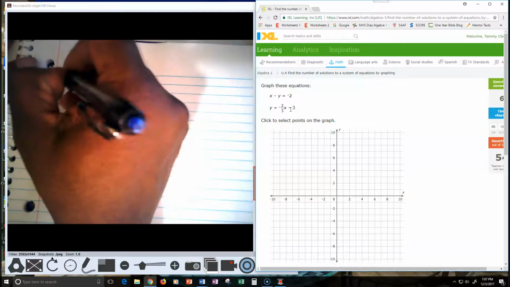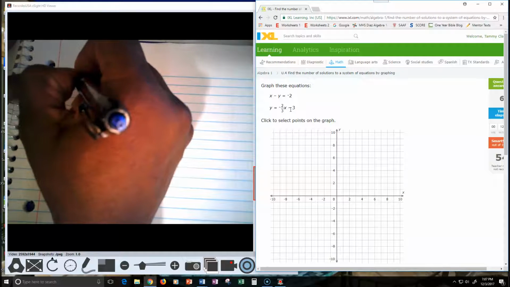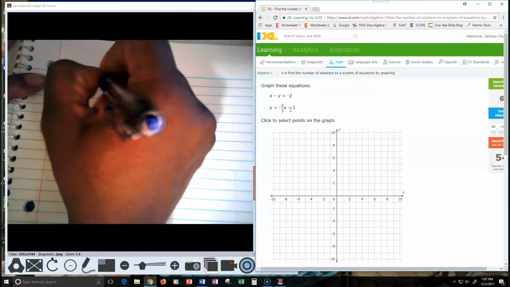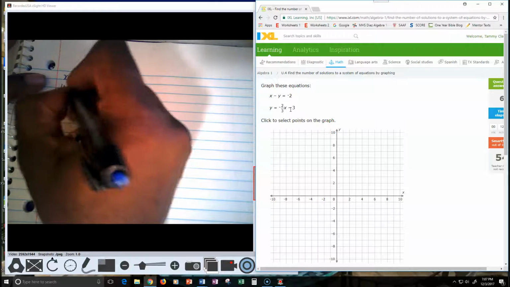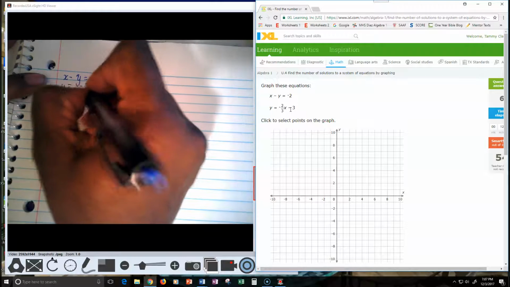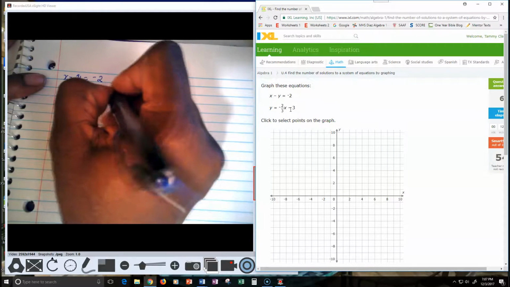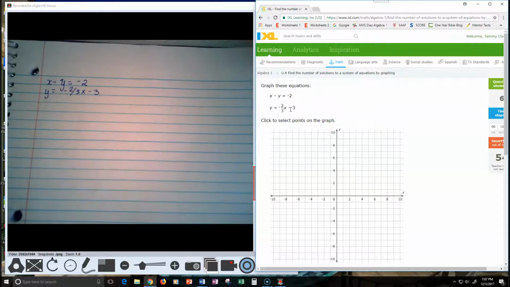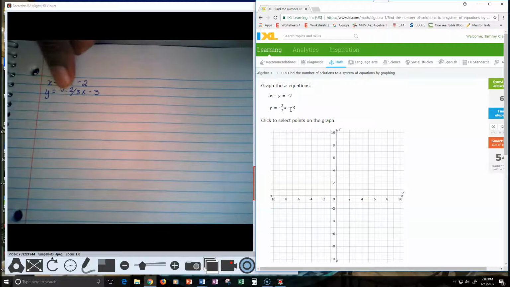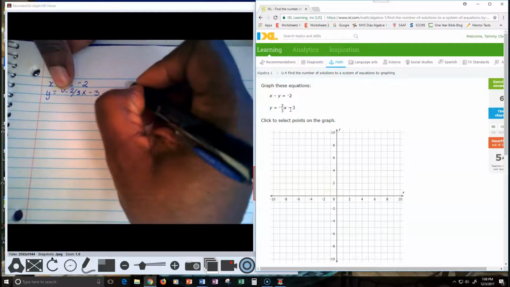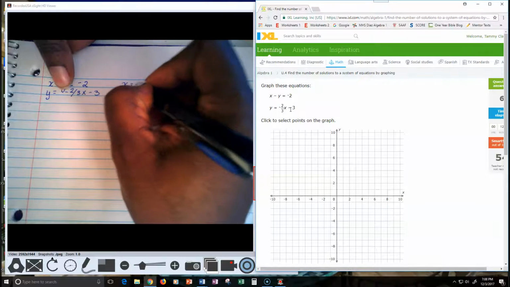So you have x minus y is equal to -2. And then y is equal to -2/3 x minus 3. I'm going to do it both ways. So I'm going to use cover up. I'm going to cover up y, and I have x is equal to -2.